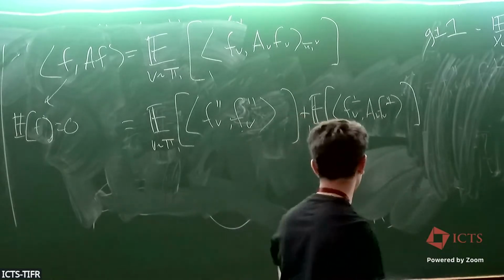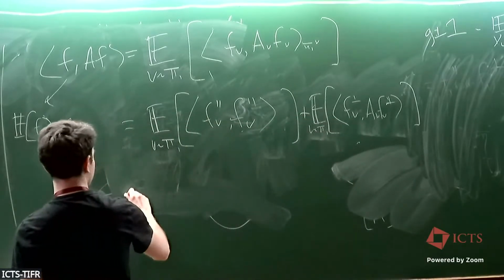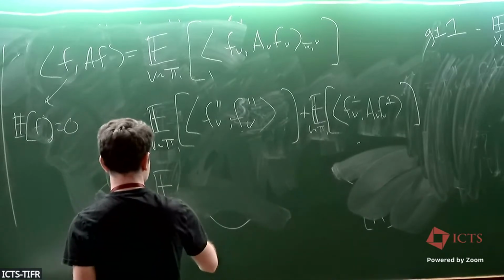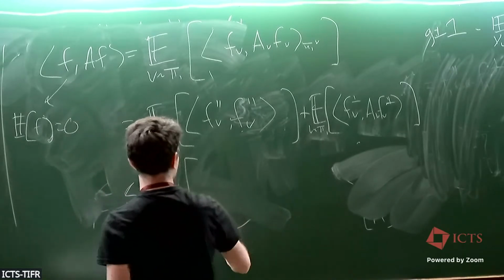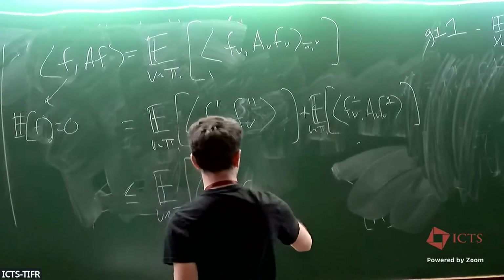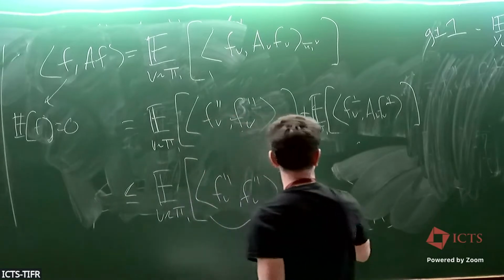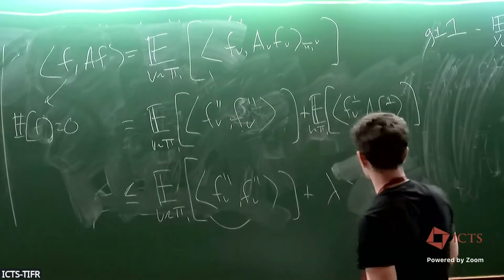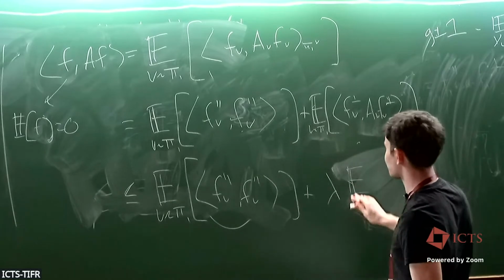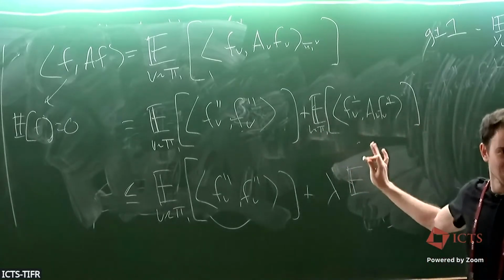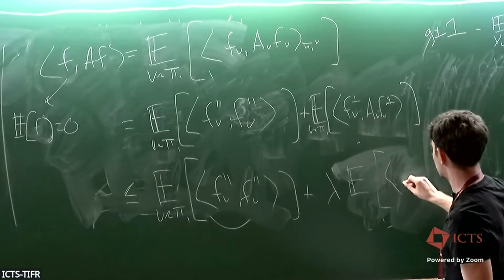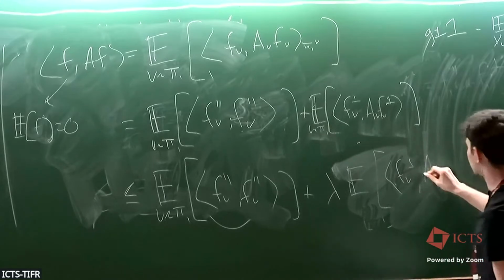So this will be less than or equal to the expectation over pi 1 of FV parallel squared, plus lambda times the expectation of FV perp, FV perp.